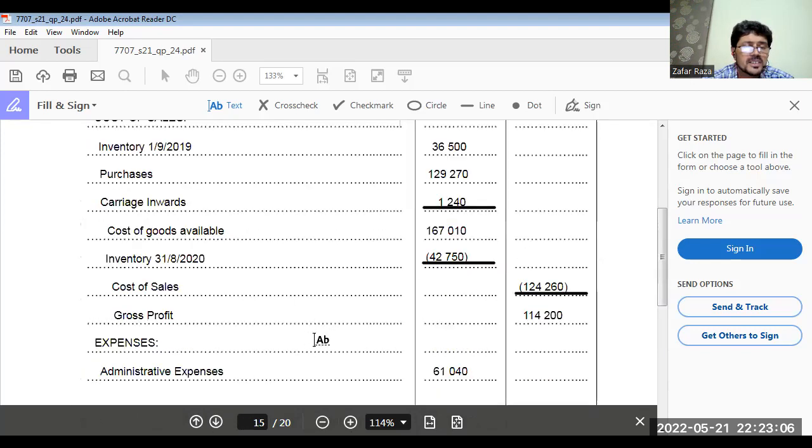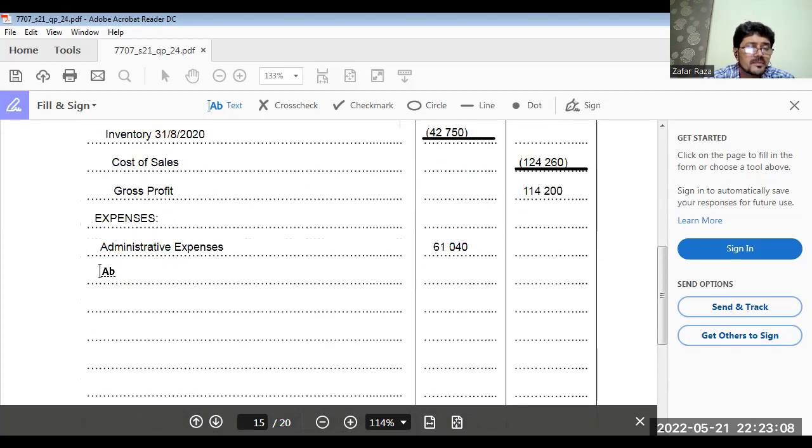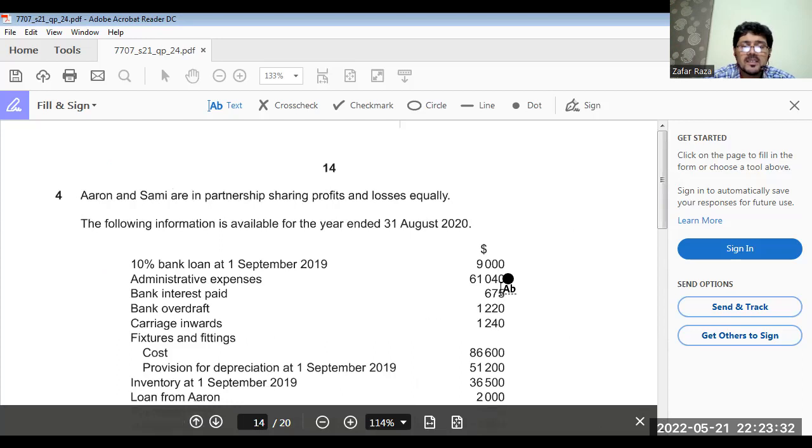So depreciation, fixture and fittings, how much? That was 3,540. Getting my point here?